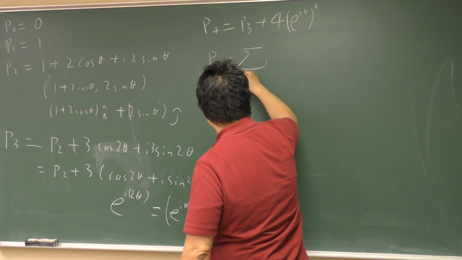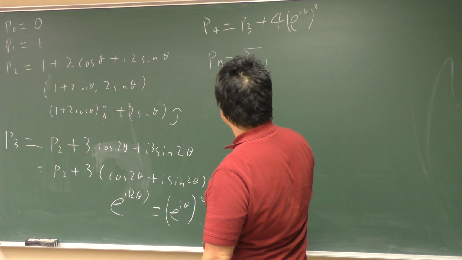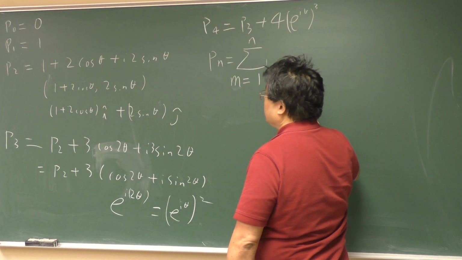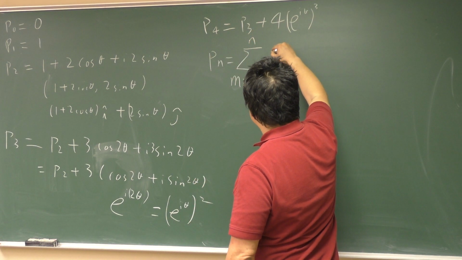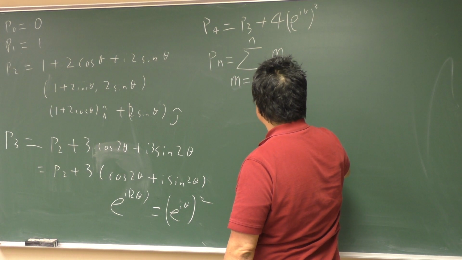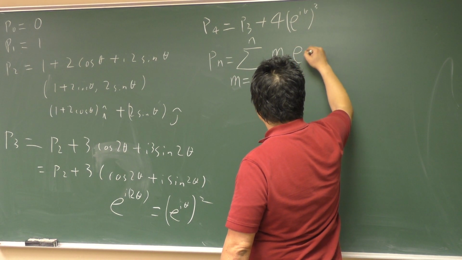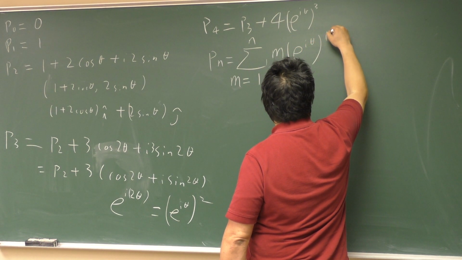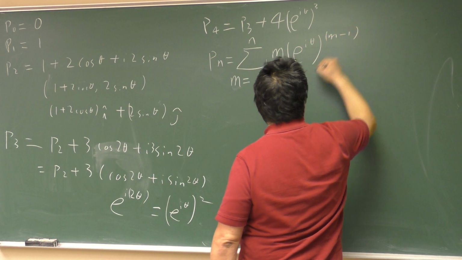So let's say m equals 1 to n, and then the summation is m times e to the i theta, m minus 1.